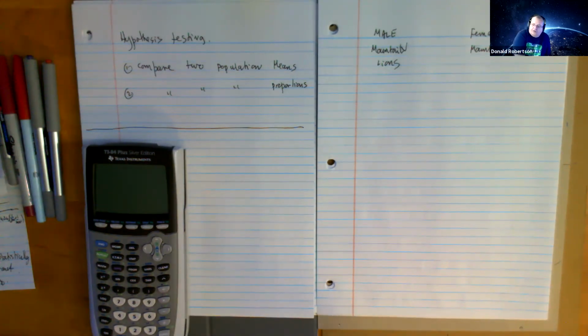Well, the zoologist was interested in looking at if there are any differences, right, between male mountain lions and female mountain lions. And we're talking about their weight, right? But it could be their height, that would be their shoulder height probably, or their length, front to back. In this case, we'll make it their weights. And he believes that male mountain lions are heavier than female mountain lions, right?